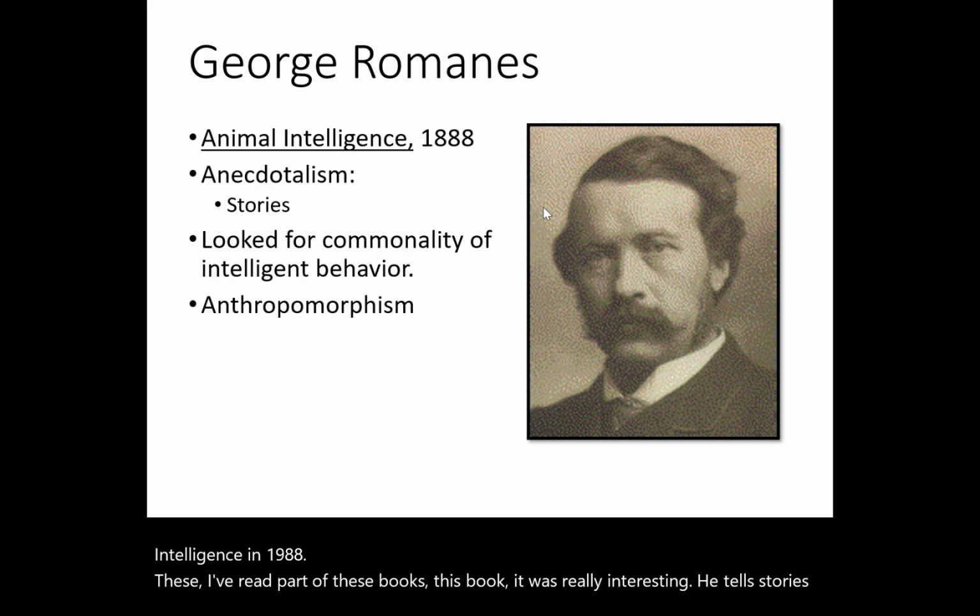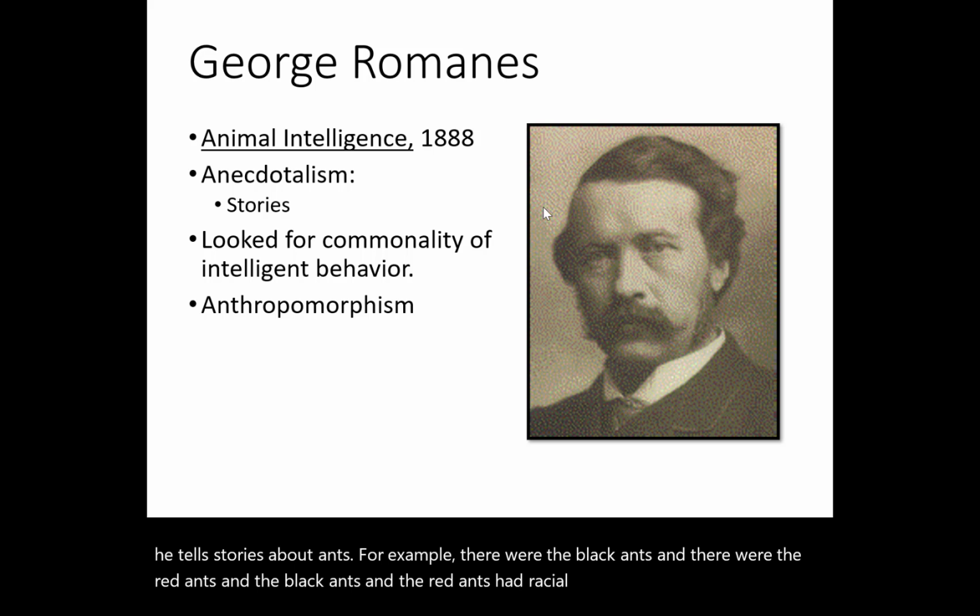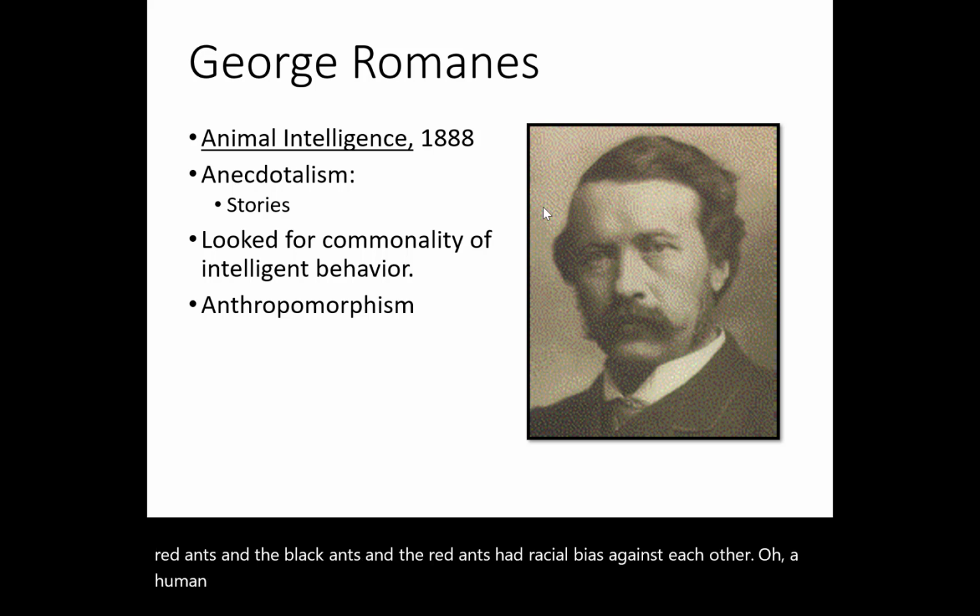He tells stories about ants, for example. There were the black ants and there were the red ants. And the black ants and the red ants had racial bias against each other. Oh, a human characteristic. And they had wars against each other. Oh, humans do that. And he even tells the story that he collected about ants fighting other ants.